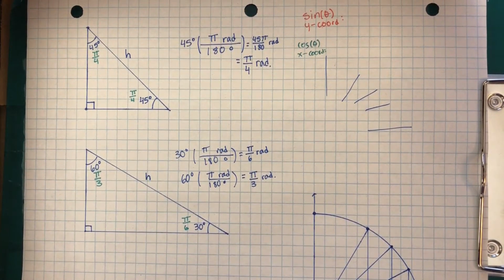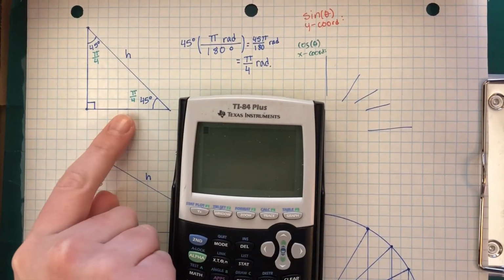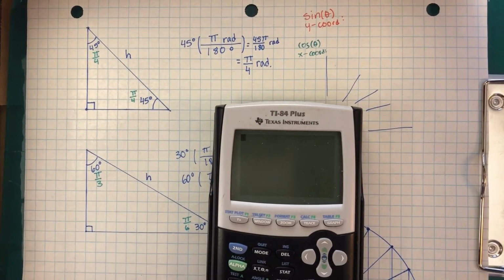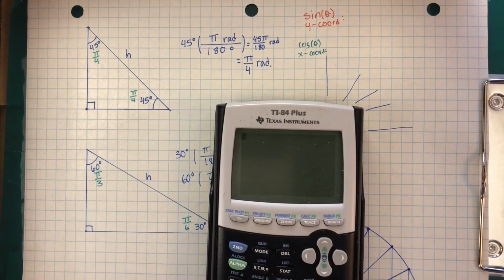So to do that, I'm going to use the sine and cosine of 45 degrees and 30 degrees. But instead of doing it in degree mode, I'll change to radian mode, which means that instead of typing in 45 degrees, I'll type in pi over 4.